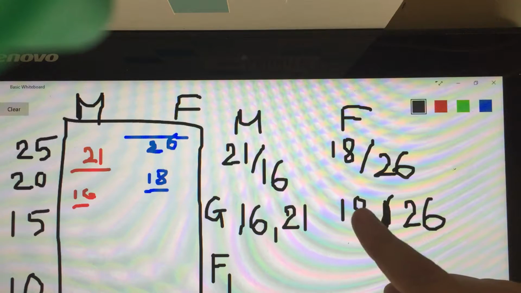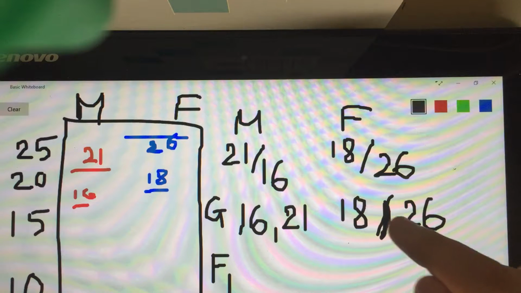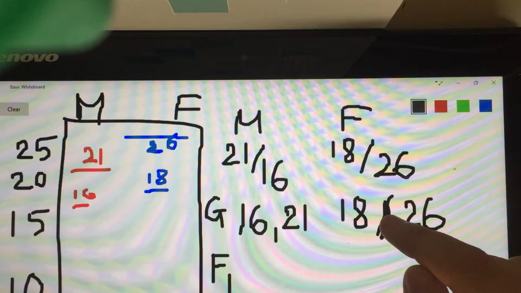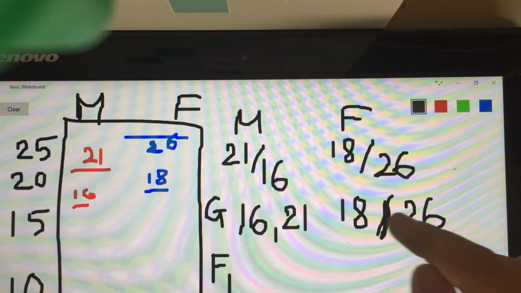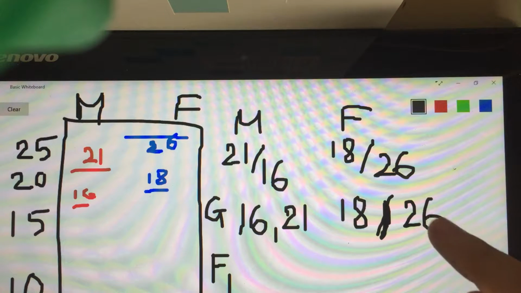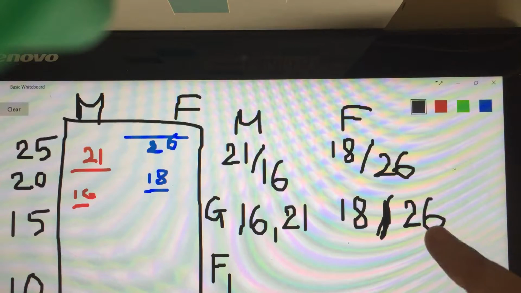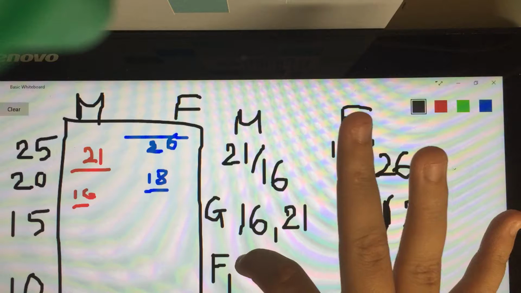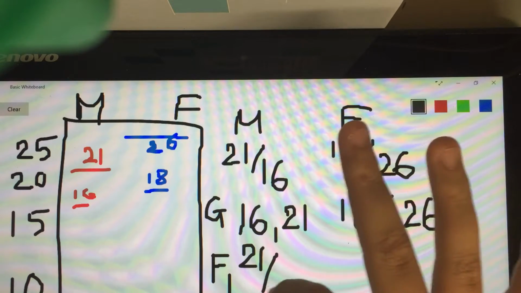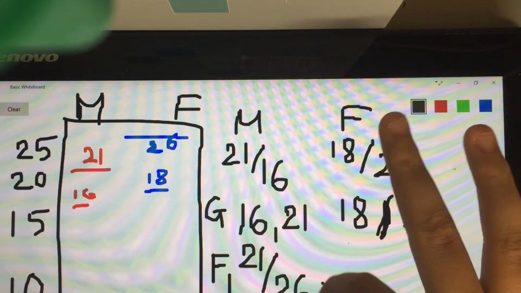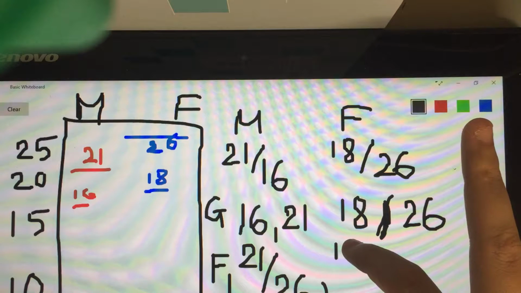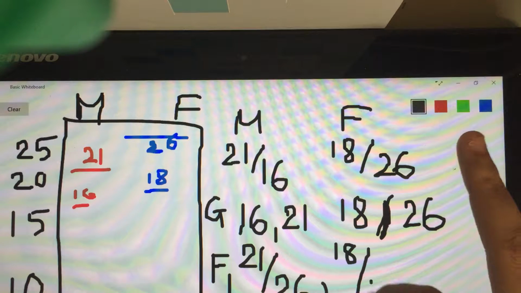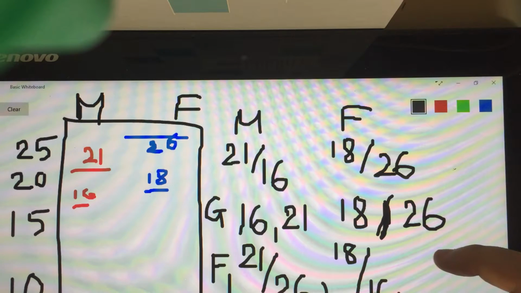And right here, one half of the gametes come from dad will be 18 repeats and one half of the gametes come from dad will be 26 repeats. So the offspring would be 21, 26, 18, 16.